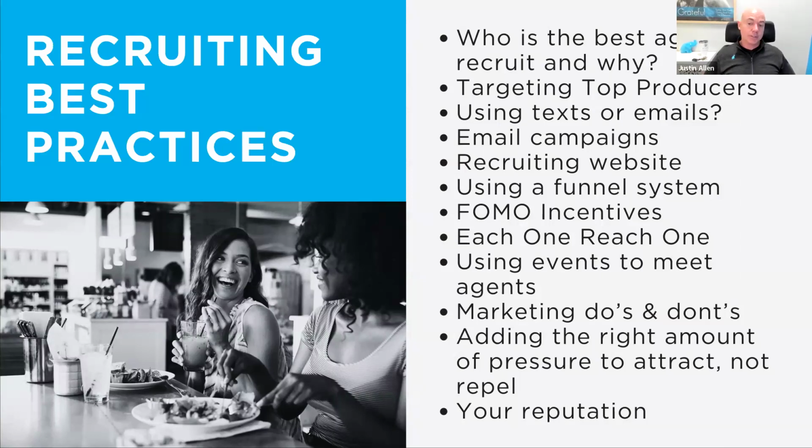Marketing do's and don'ts goes back to building a story brand. If you keep positioning yourself as the hero, the agent that's wanting to come on board with you can't be the hero, because they're the hero in your story. If you're building a story brand, you'll do recruiting much better than everybody else. If you're always touting how great you are and how much success you have, and your brokerage did this, and you're awesome, it really comes off as tacky, distasteful and disrespectful to other brokerages.